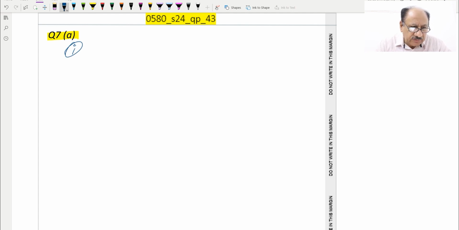Part I says a car travels 50 kilometers at an average speed of 75 kilometers per hour. So speed is equal to 75 kilometers per hour. This is the information provided. Find the time taken. So time taken we need to find. Give your answer in minutes. So travels 50 kilometers. So distance is also given, which is 50 kilometers.